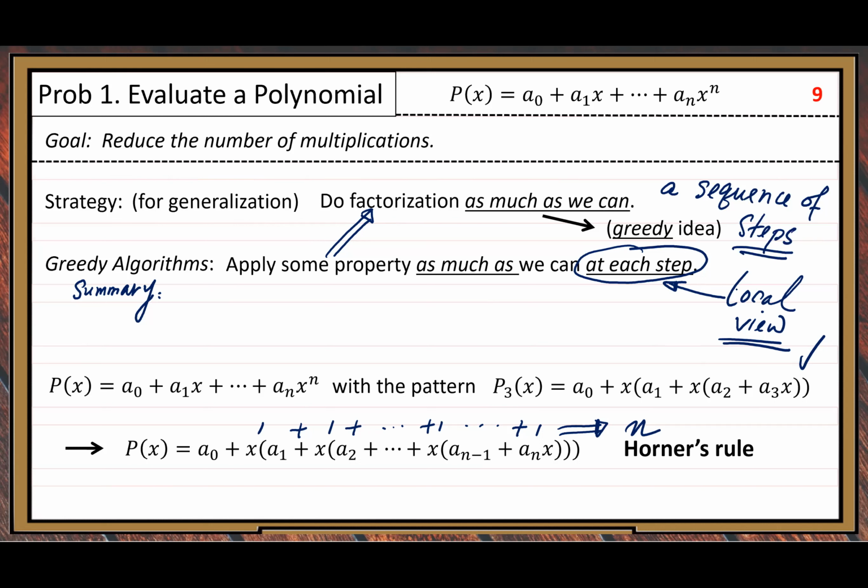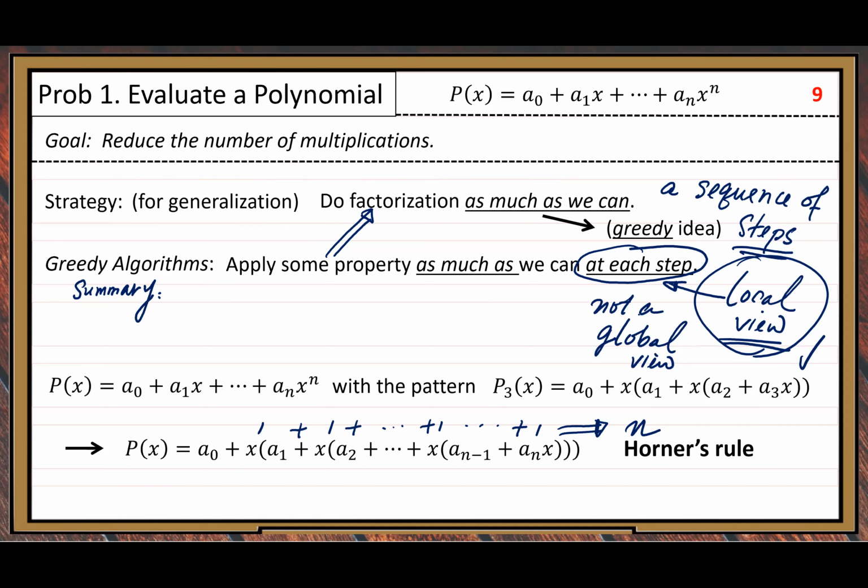But here we only look at one of the steps, only one step in that long sequence. So we treat it as a local view, right? So it's a local view, that means it's not a global view. Local view, not a global view.